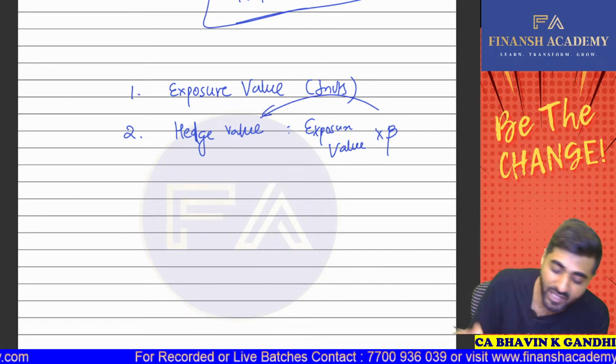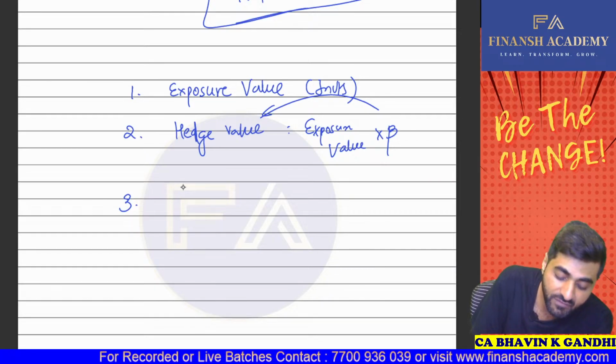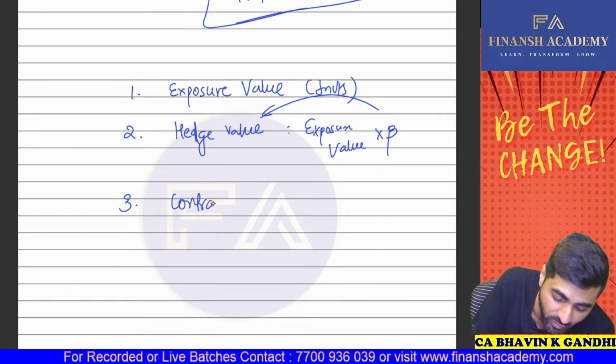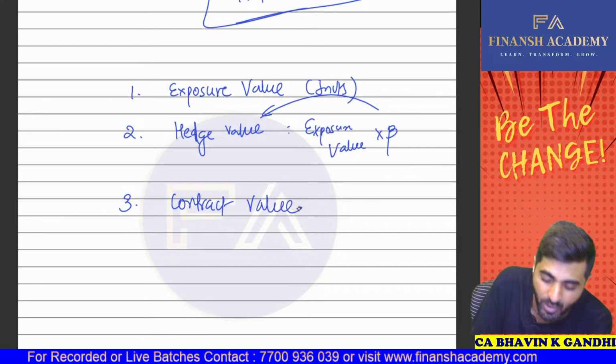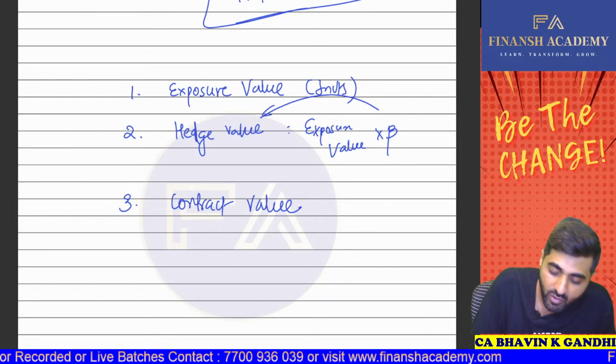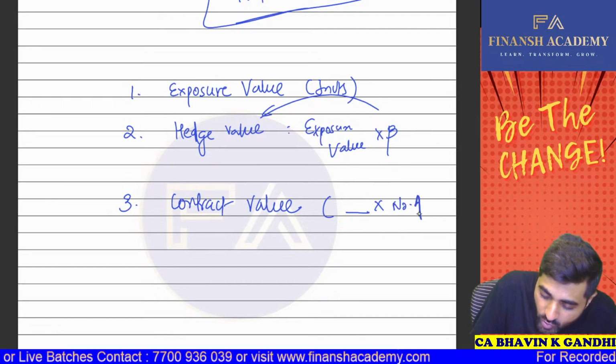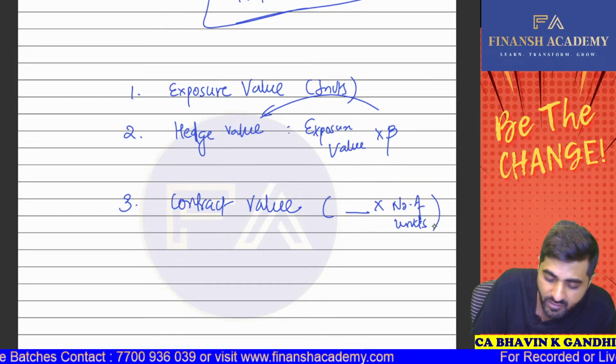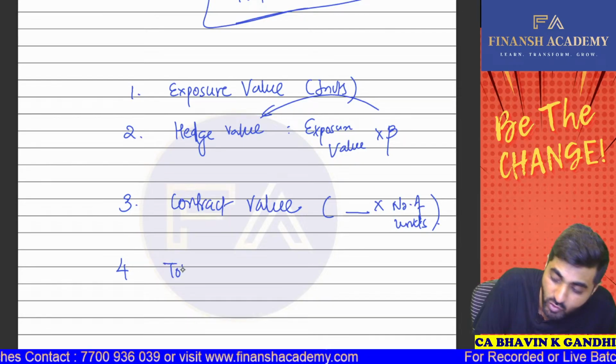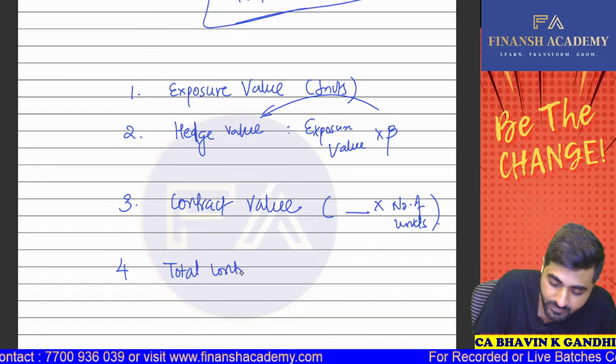And then, my dear students, the third part is we have to see what is the contract value. So value per contract, we are going to see that. That is nothing but the price into the number of units per contract. And then we have to calculate the total contract value.